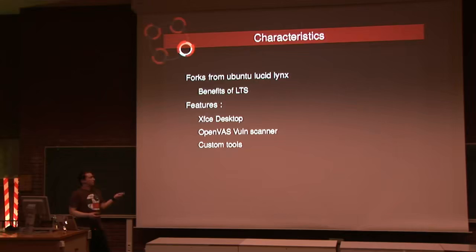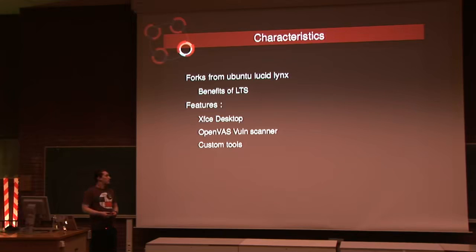And also we choose to remove the Saint vulnerability scanner that is in the backtrack distribution, and go with OpenVAS, which is a Nessus fork, and which is very good with plenty of NASL plugins for vulnerability checks.